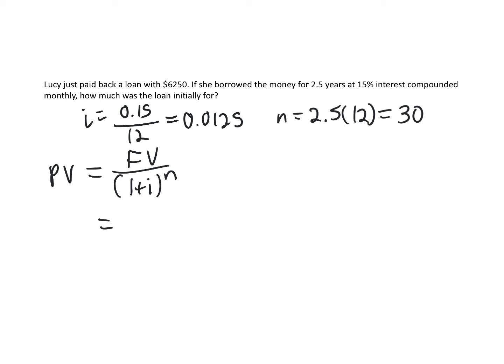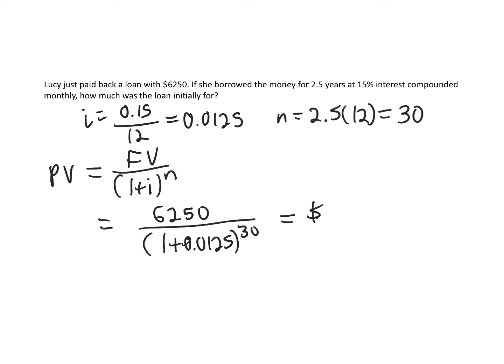Plug in what we know, 6250 over 1 plus 0.0125 to the 30, which is approximately 4,305.55.